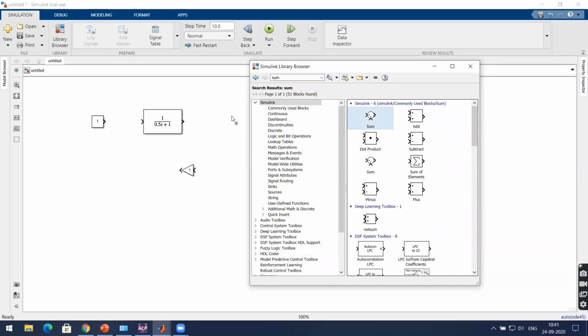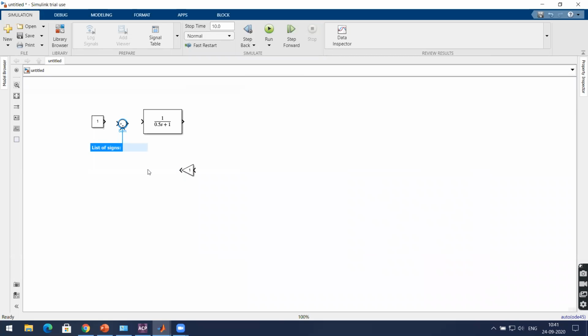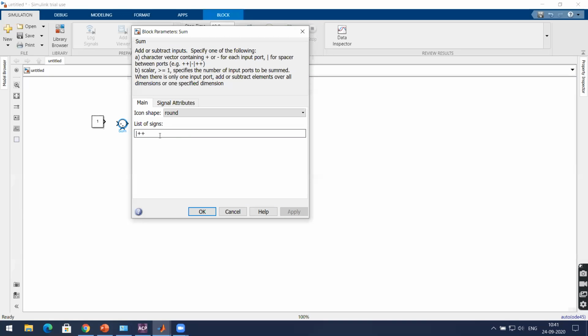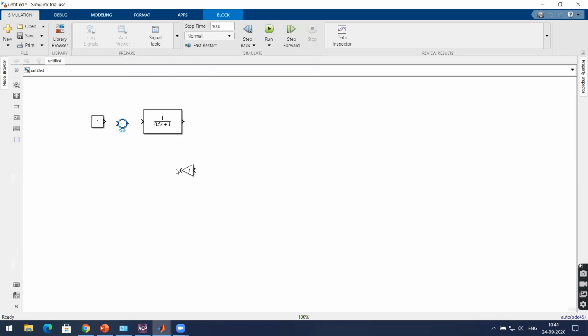Get a sum block. So here it must be plus and minus. Okay. Apply that. Now if I connect this to this one, and then I connect the voltage to this and this to the transfer function, what do I get?